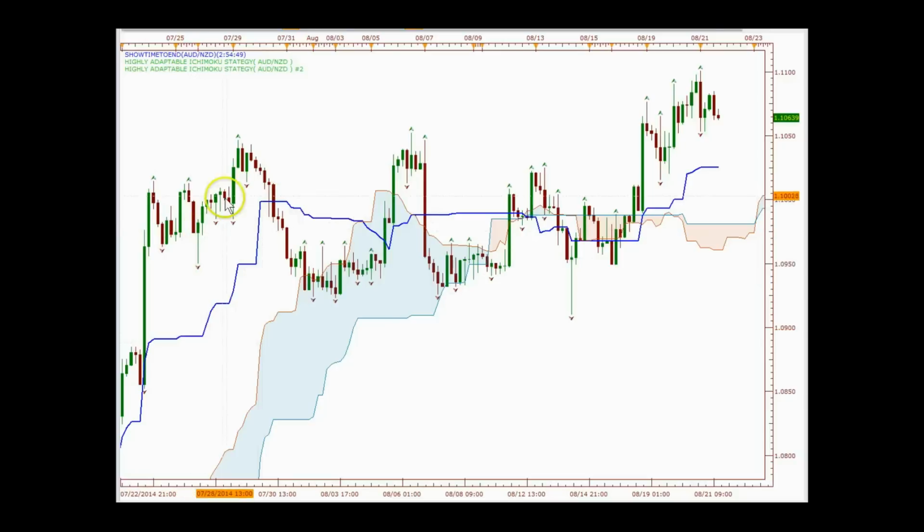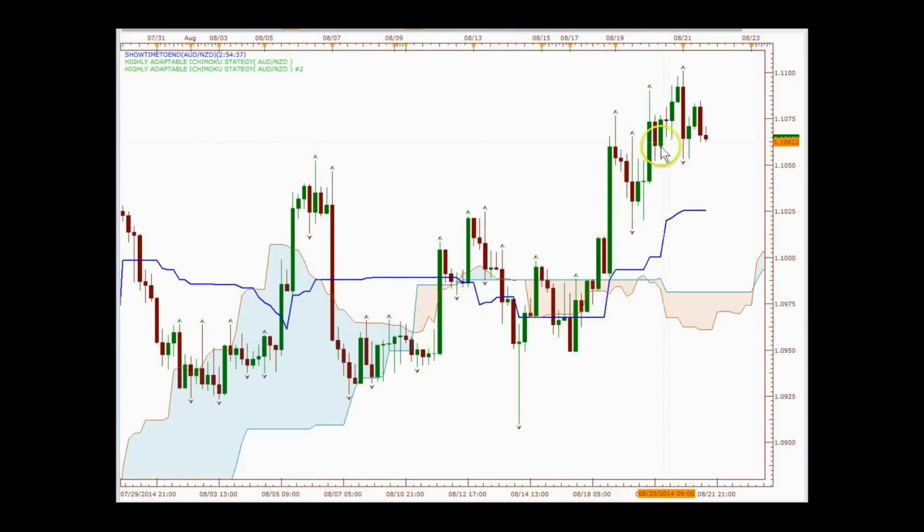Here, the market is in disequilibrium all this time, and it wants to pull back to equilibrium, which is the Kijun-sen. It does, and it pulls slightly away from it, comes back. Now it's hanging near that level, and then it stays near that level, and then it takes off. And then the market again is in disequilibrium, or else you might want to call it overbought. So the market's in overbought, excess supply.